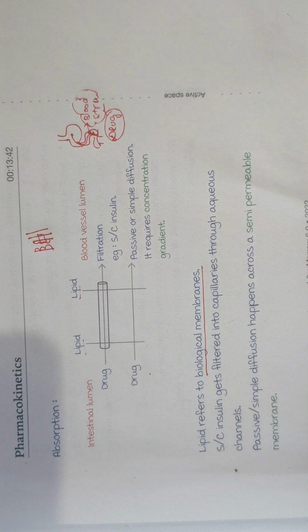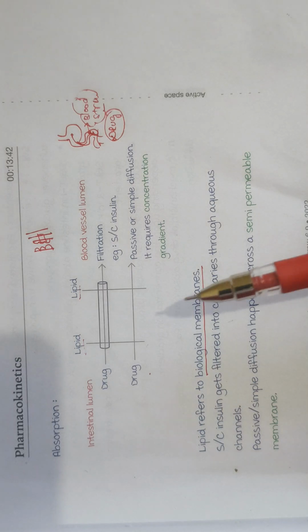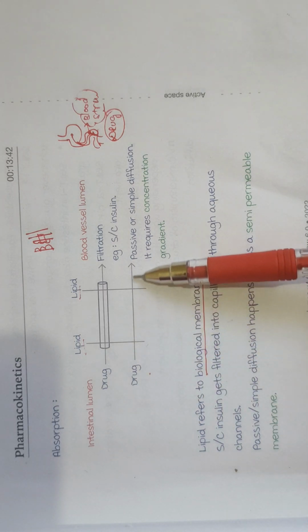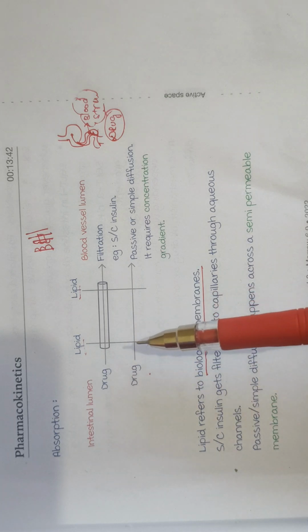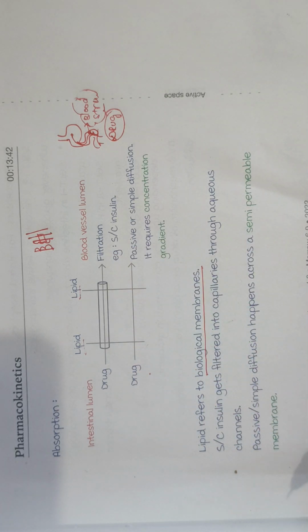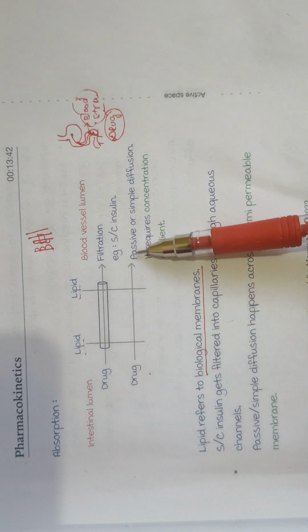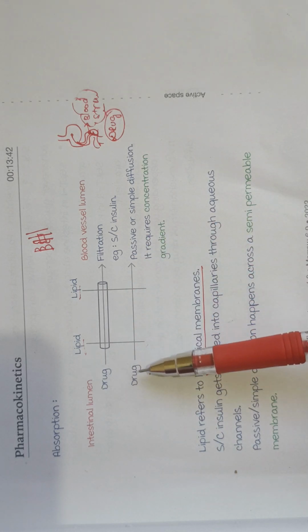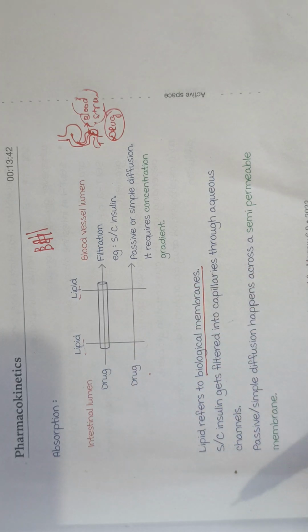The next point written here is passive or simple diffusion, which happens across a semi-permeable membrane. If you look at the points here, you don't have any channels which help in the transport of a drug from the lumen into the blood vessel. The drug starts diffusing, and it only requires the concentration gradient.